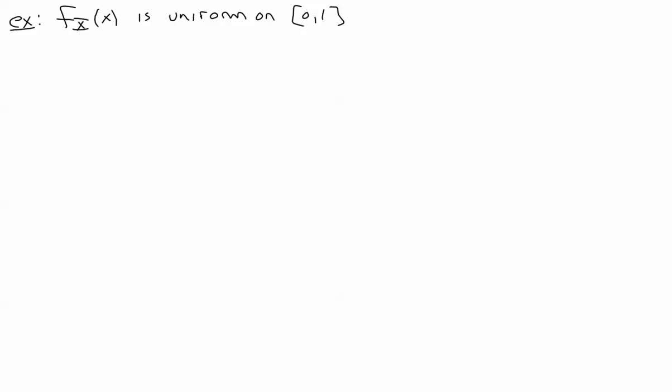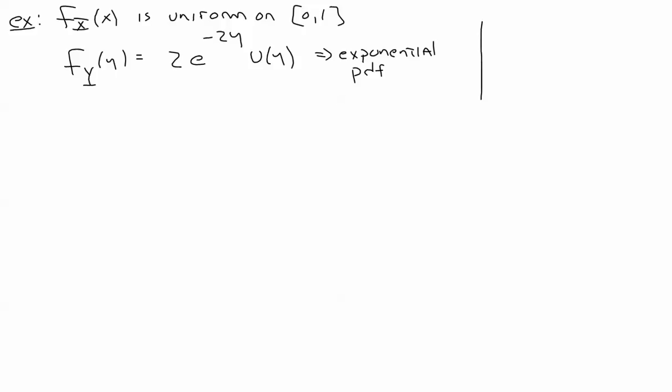And in this particular case, I'm going to assume that my probability density function for y is 2e to the minus 2y u of y. This is clearly an exponential PDF, and we sketched it. It would look something like this.